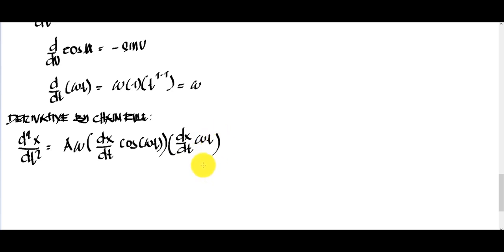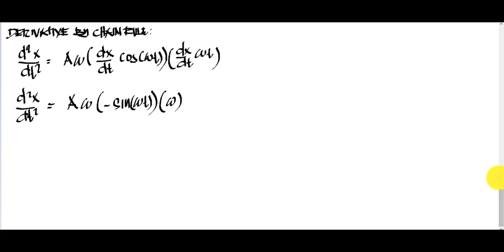So by chain rule, combining that, the second derivative function of time is equal to a, times the angular velocity, times negative sine of the angular velocity times time, then multiplied by the angular velocity.